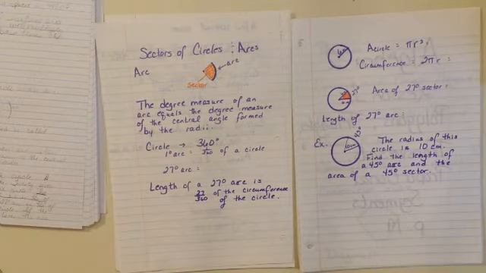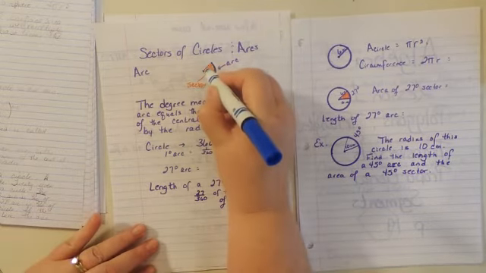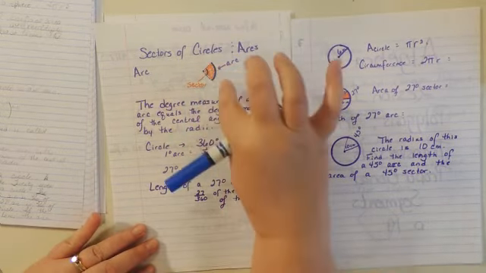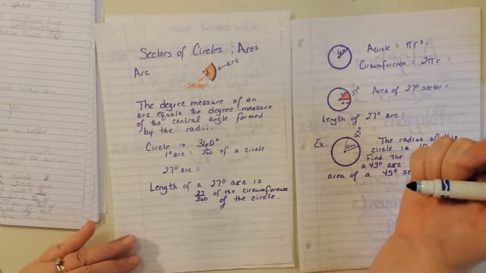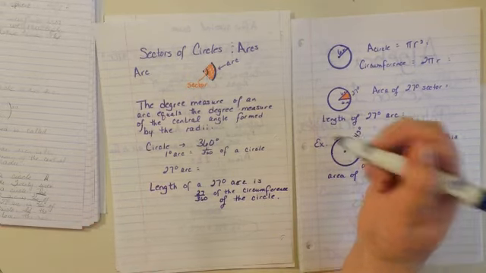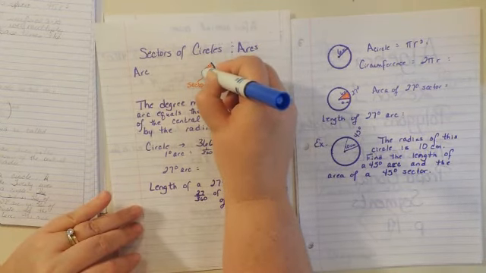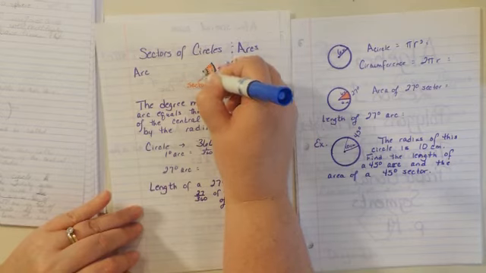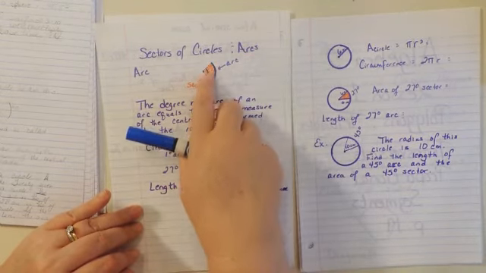The degree measure of an arc is the same as the degree measure of the central angle formed by the radii. So when we talk about the length of an arc, we're going to talk about it in degrees, and it's going to be degrees from this radius to this radius. And it's going to be the same as the angle in between here.